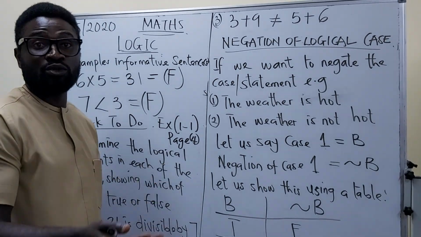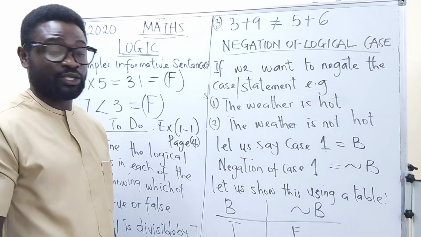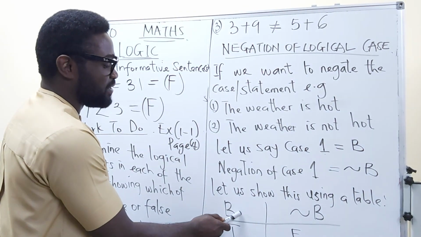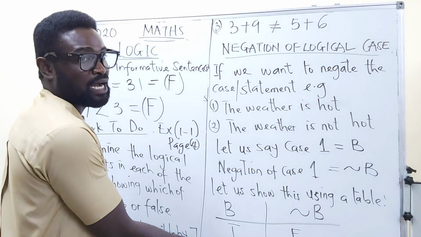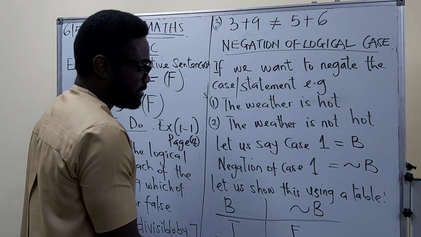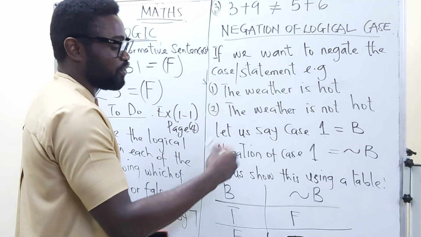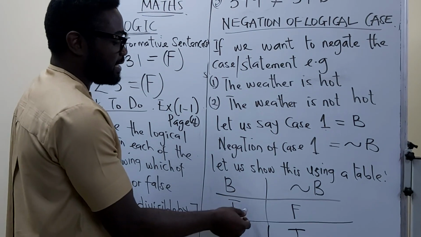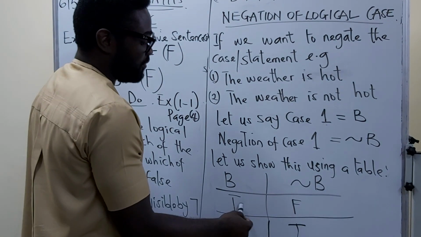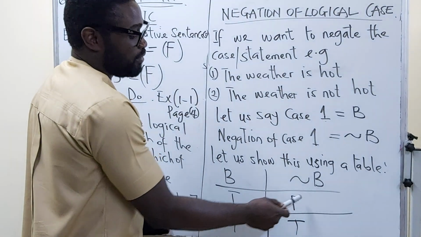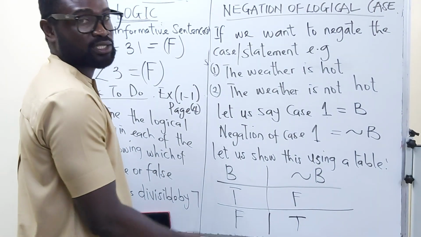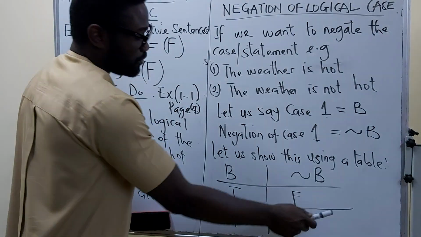Now, that could be true, and of course it could be false. So that is why we have on this very case or statement true and false. Now the negation of it, anything that is opposite of what you think the statement is saying will be, for example, if it is true, the negation will be false. If it is false, the negation will be true.